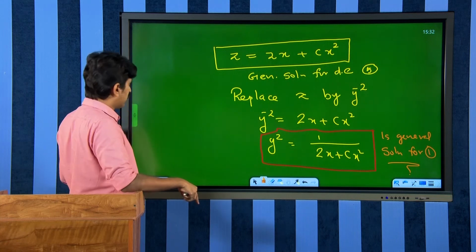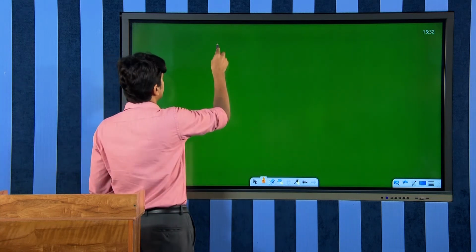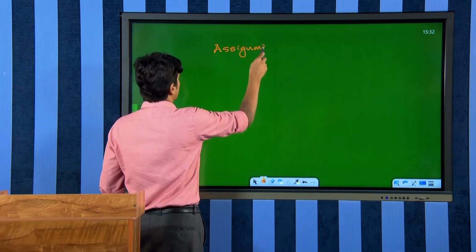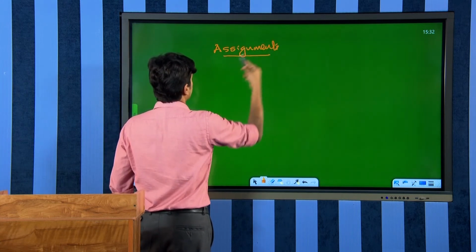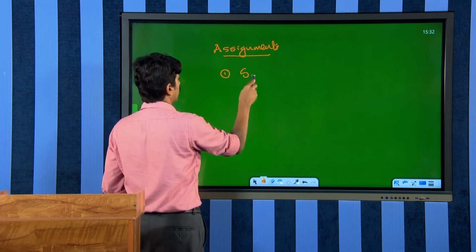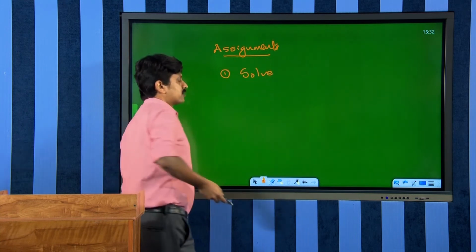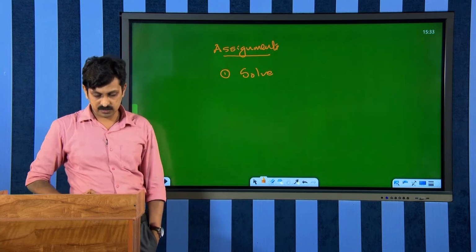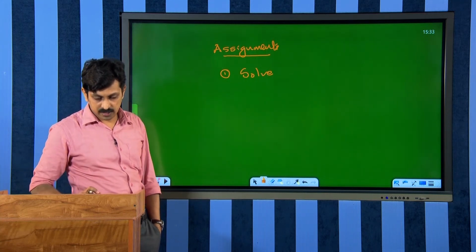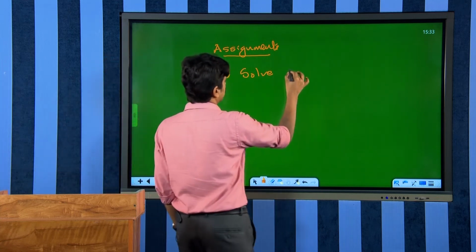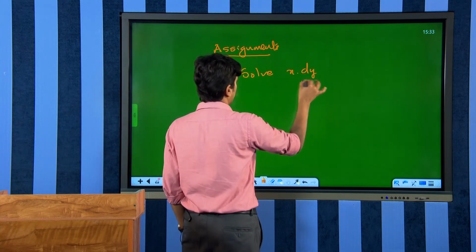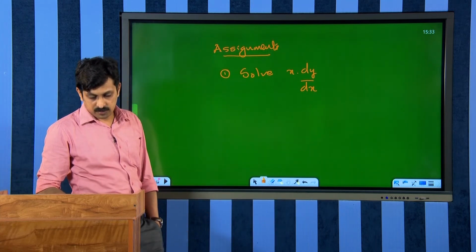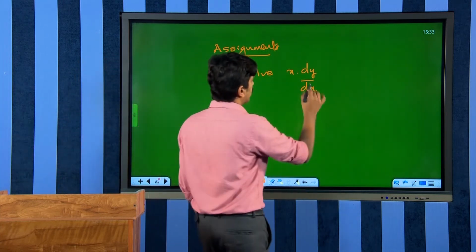Okay. Dear students, there are many interesting questions you can find related to Bernoulli's equation. You may write down some assignments. Solve the differential equation x into dy by dx plus y is equal to x square y square log x.